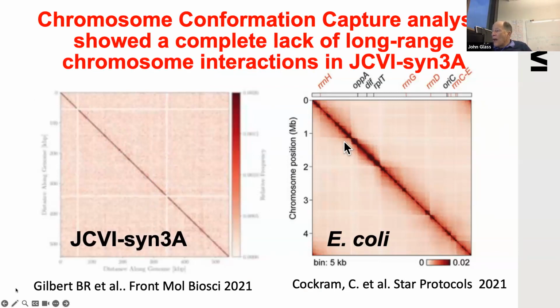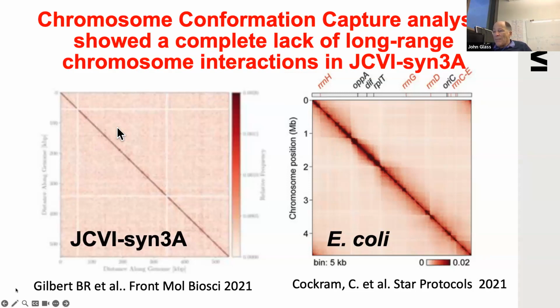But in E. coli, the reason we know that there's a lot of cross-linked DNA that is not immediately adjacent is that, if this is genomic DNA, these are places where you have DNA from two regions of the genome being together.